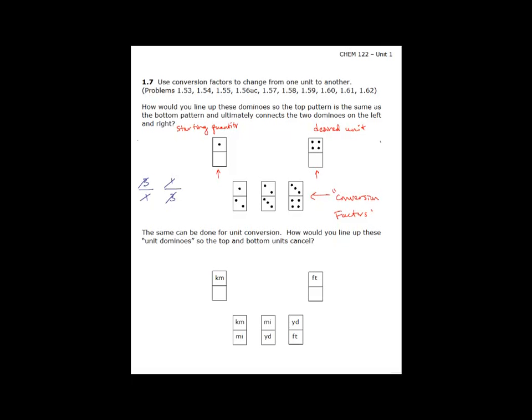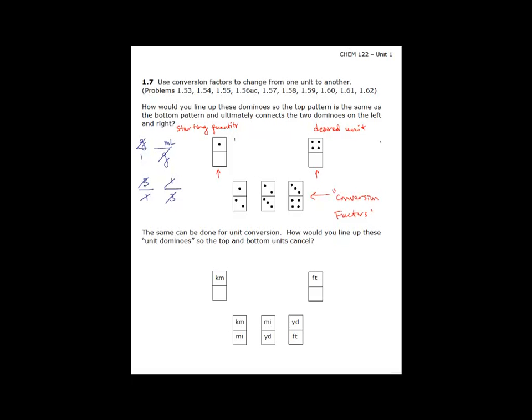So for instance, if I have grams as my starting quantity and I want to convert to milliliters, I need to put milliliters on the top and grams on the bottom. So it goes like that. So now my units are in milliliters. So with these dominoes, what we're doing is trying to get the dots to cancel out.